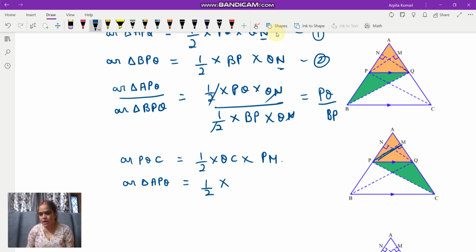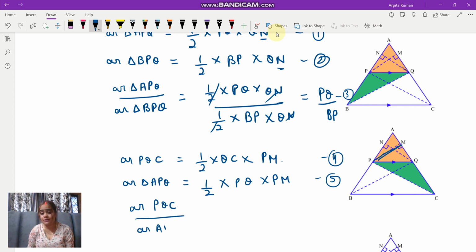So half PQ times PM. Again taking the ratio of the areas of PQC and APQ, the half and half would cancel out and PM and PM would cancel out, so we are left with QC and PQ.